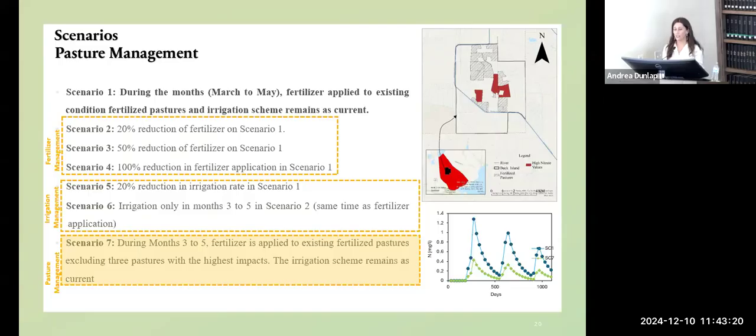But the answer is in this study, we have not looked at phosphorus. We have looked at only nitrogen, but that's future work for us. By the way, thanks for your question.